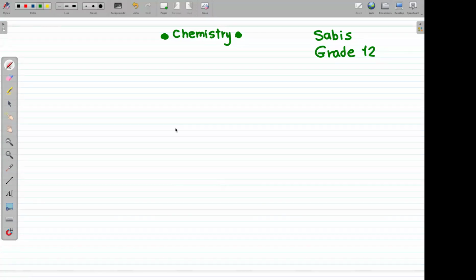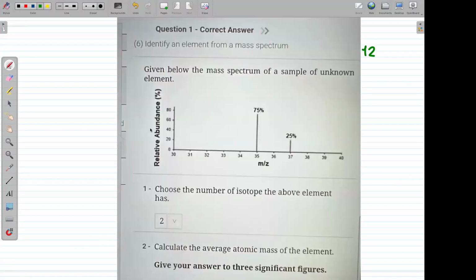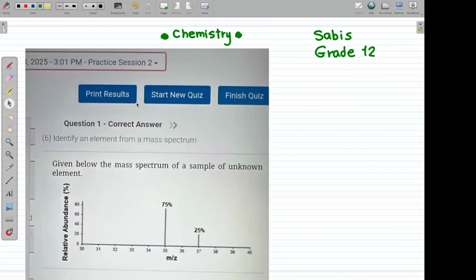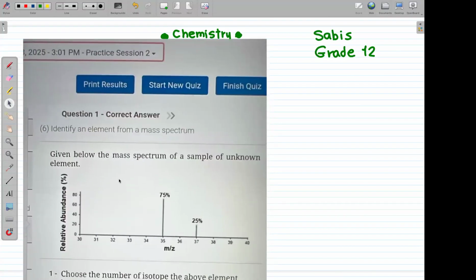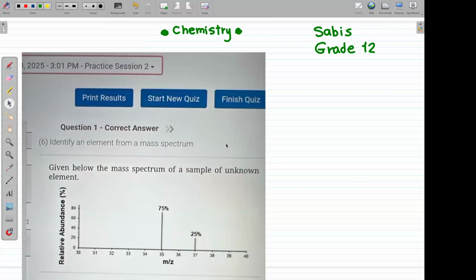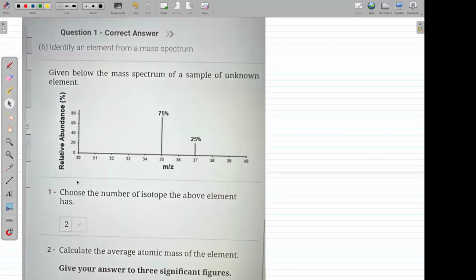Let's see. The first question, number one, is a screenshot of a mass spectrum. To identify an element from a mass spectrum, given below the mass spectrum of a sample of an unknown element, like we said last week, choose the number of isotopes of the element.